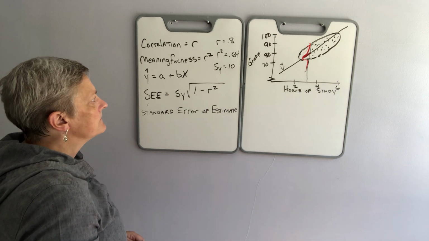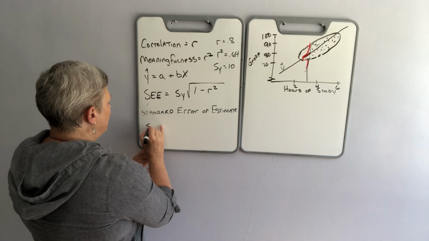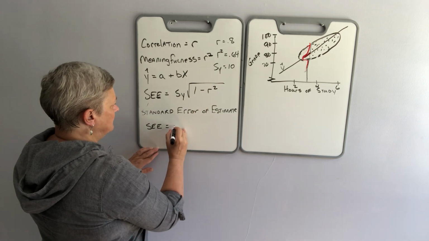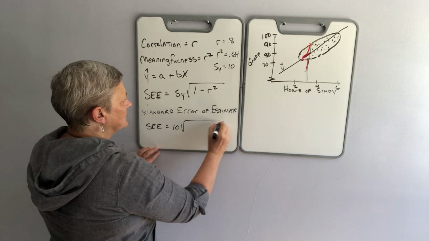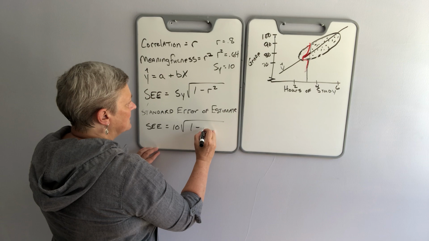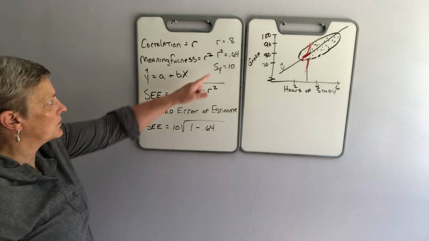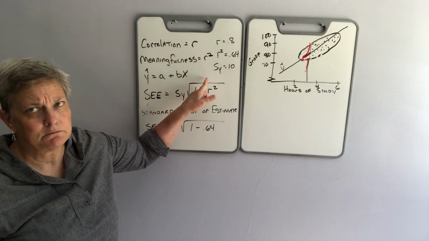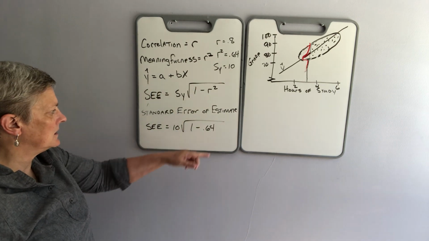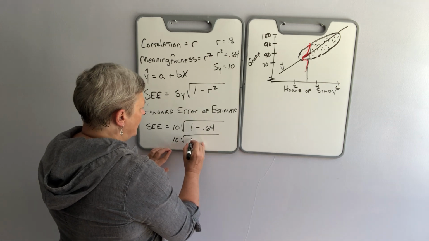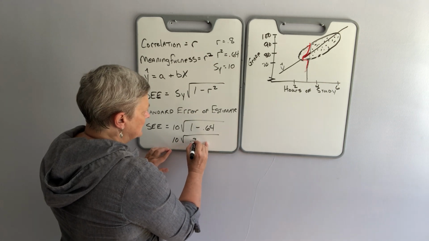So SEE is equal to 10 times the square root of 1 minus 0.64, because r squared is 0.64. Don't square it again. Square it once, be done with it. So this is 10 times the square root of 0.36.